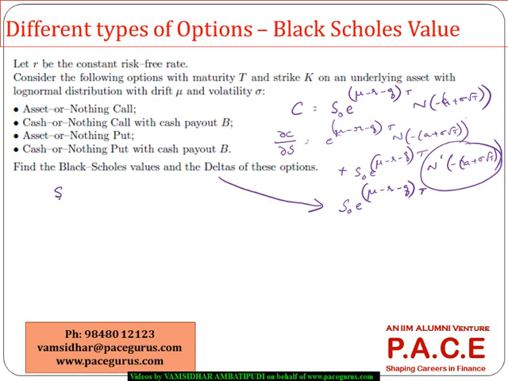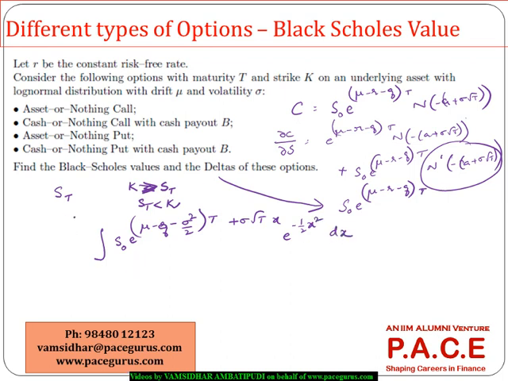So I am saying my payoff is ST provided ST is less than K. Otherwise it's exactly the same, which means I am still integrating the entire S naught into e power mu minus q minus sigma squared by 2 into t plus sigma root t into x into e power minus half x square dx. This is integrated only where ST is less than K.